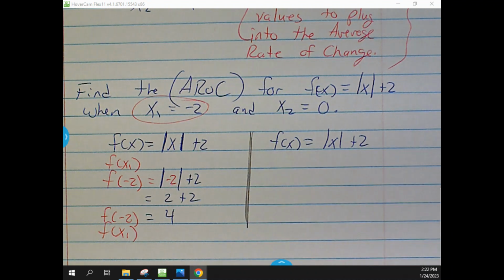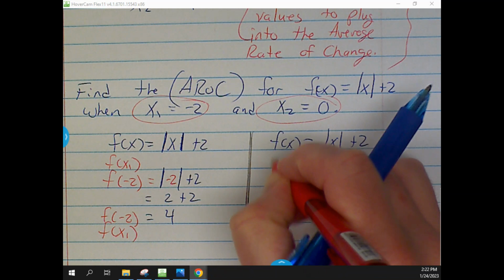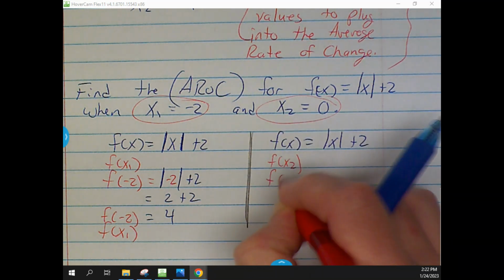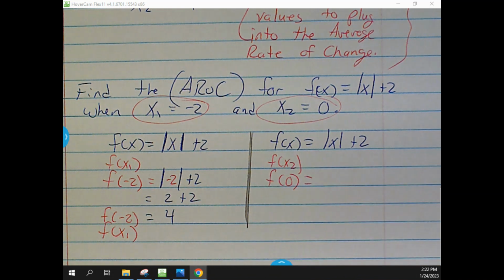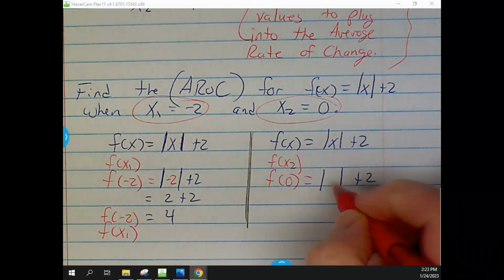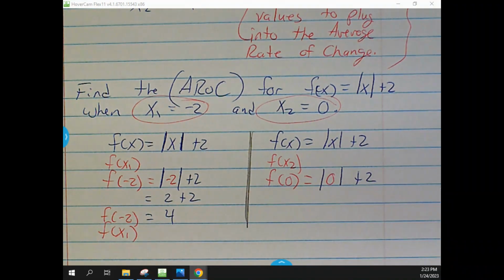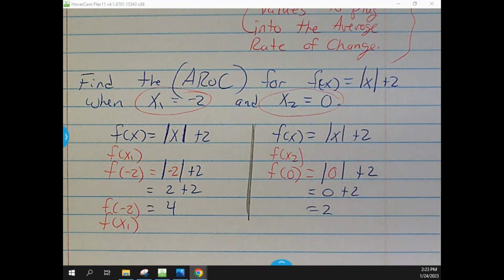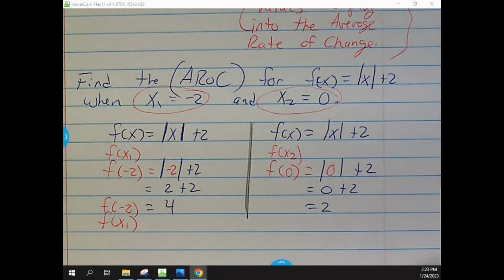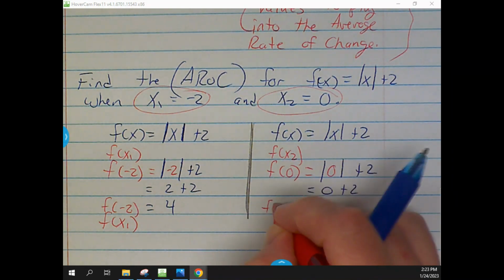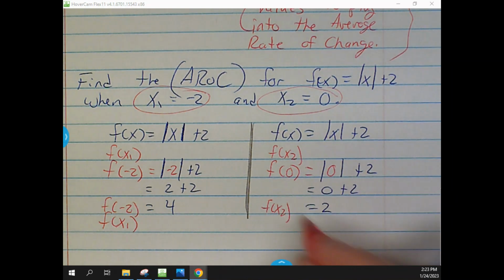We're going to plug in this time 0 for x2, so we're going to find f of x2, which in this case means we're going to find f of 0. So absolute value of 0 is just 0. And 0 plus 2 is 2. So when we find f of x2, which again was 0, then that's going to equal 2.